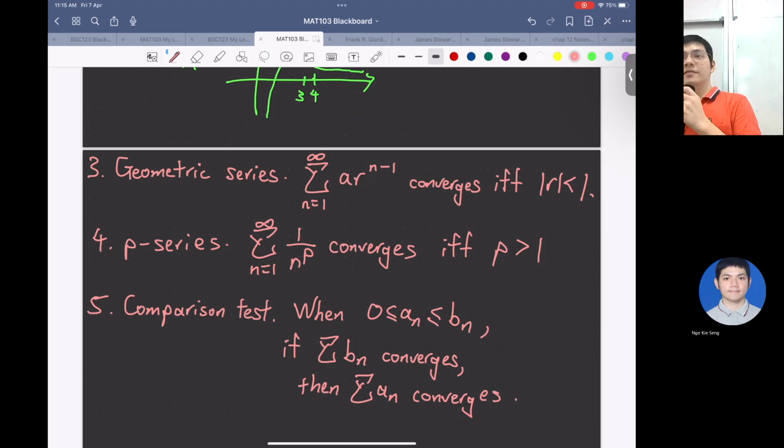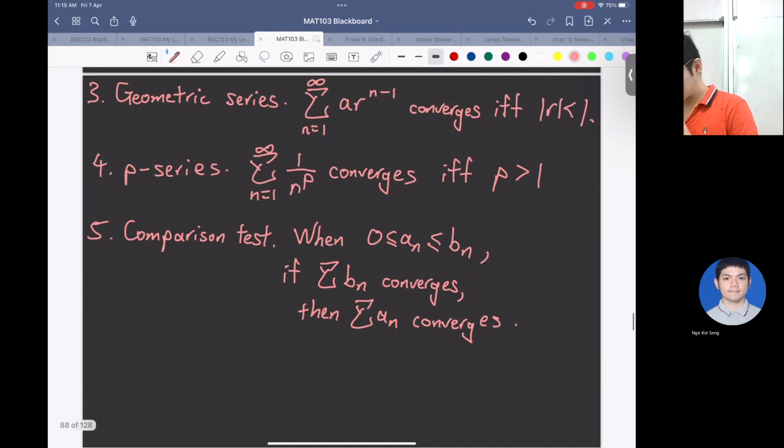Is that right? So if the bigger one converges, then you push it down.